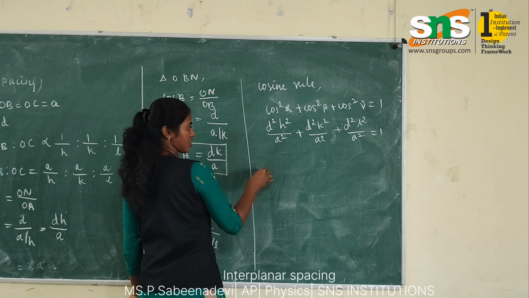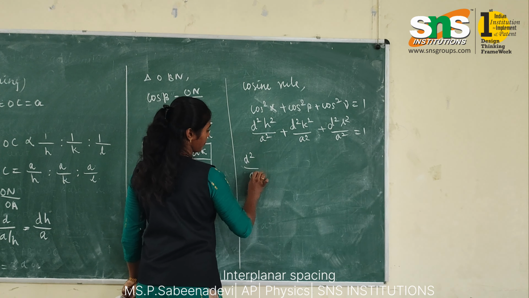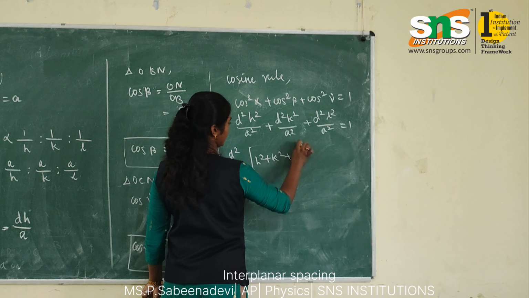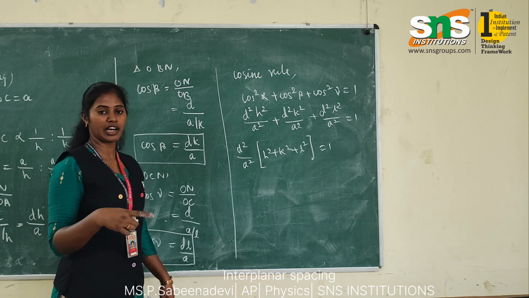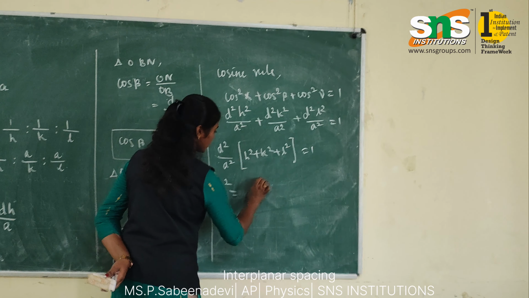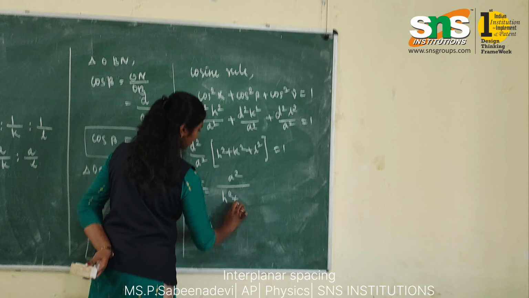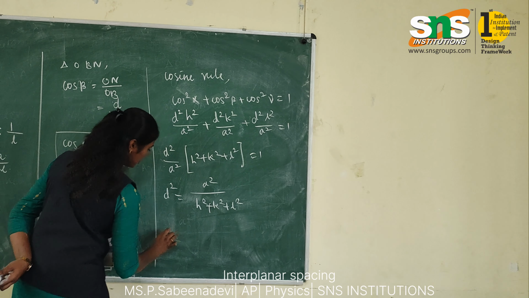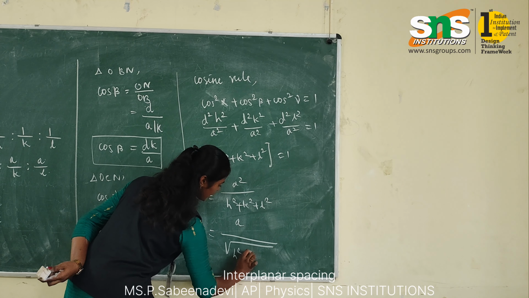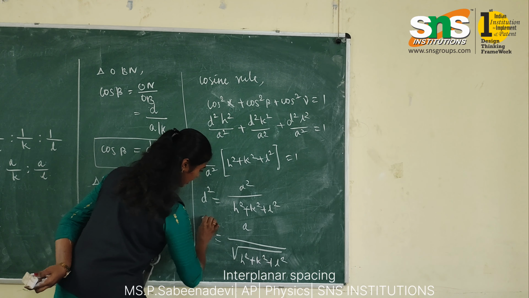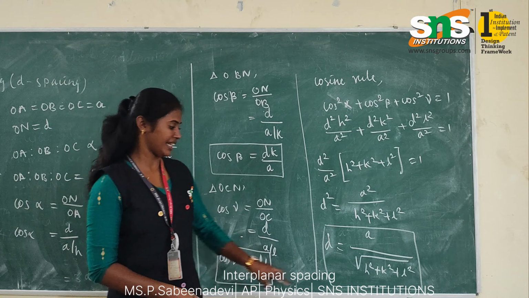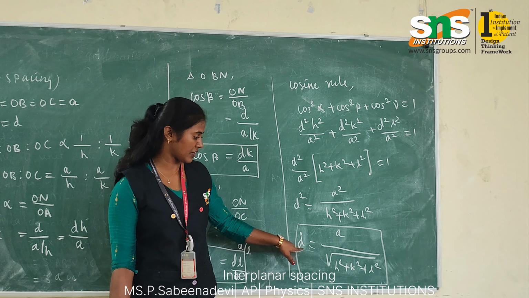Taking the common term d square by a square outside, the remaining is h square plus k square plus l square, equal to 1. Here we have to calculate only d. So d square is equal to a square by h square plus k square plus l square, and d is equal to a by square root of h square plus k square plus l square. This is the d spacing, the interplanar spacing, of a cubic structure.